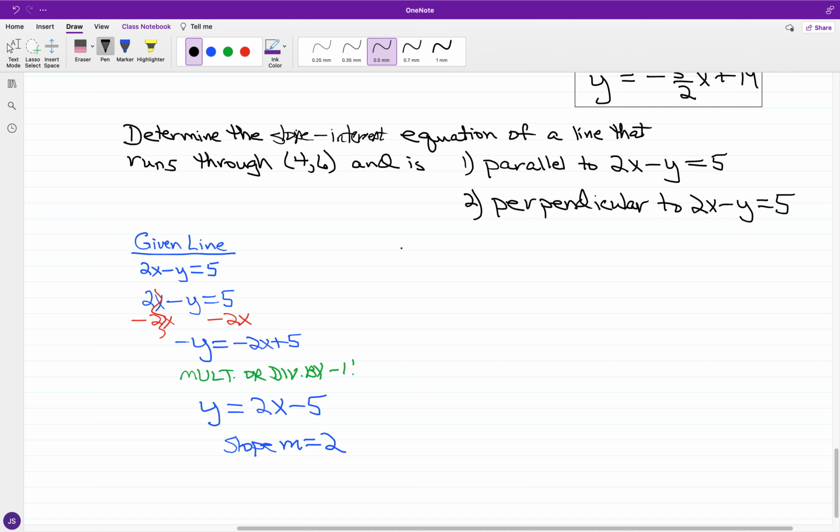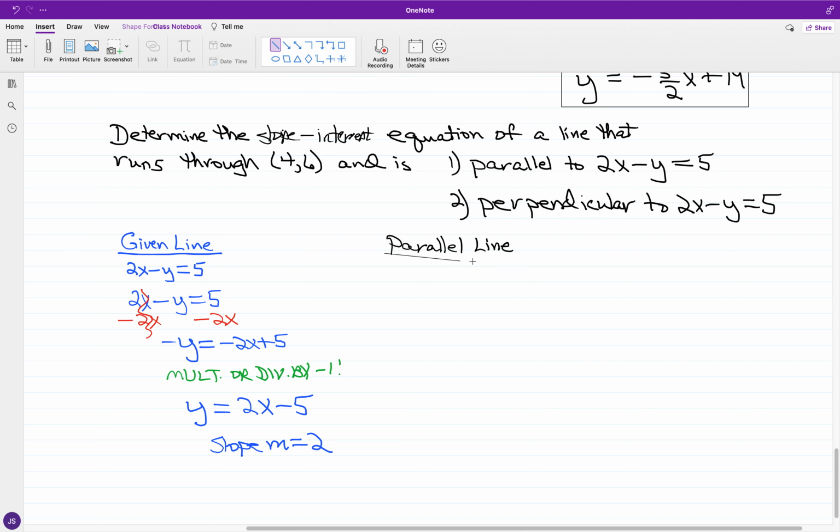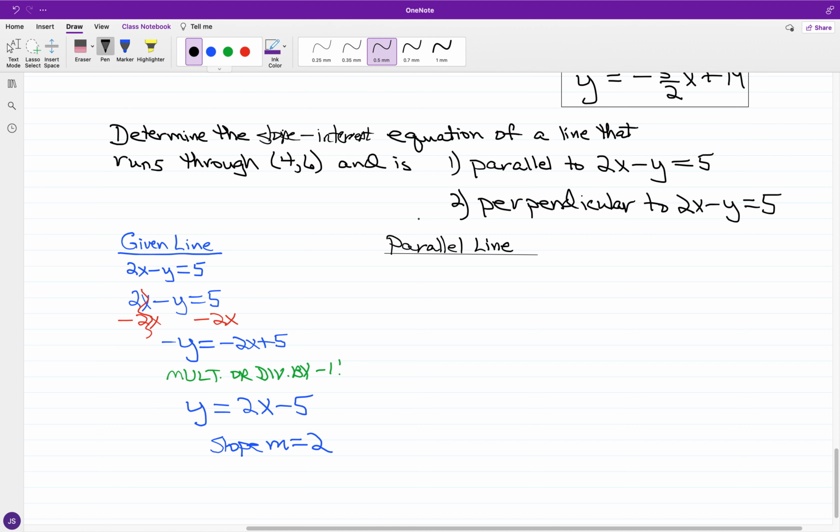And for what we have in the case of the parallel line, again, parallel lines are going to have the same slope. And so you have that the slope is equal to 2.